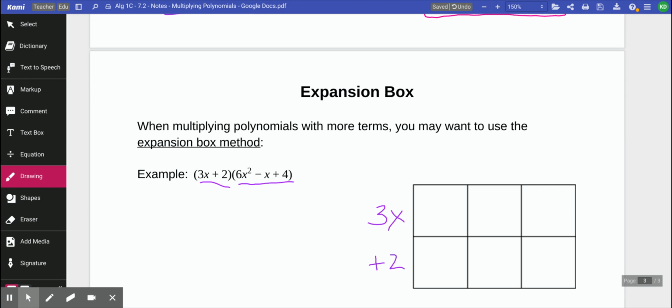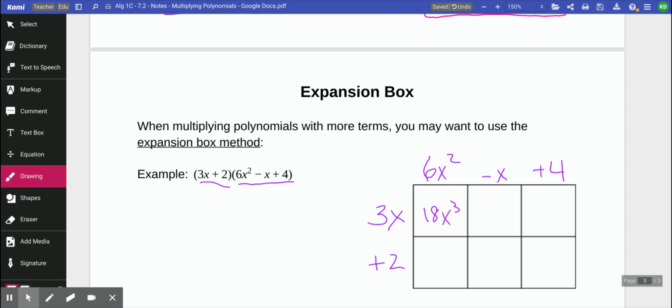And then our trinomial on the top, right? So that's 6x squared is our first term, minus x is our second term, plus 4 is our third term. So now we can just multiply to fill in these boxes. So 3 times 6 is 18. X times x squared is x to the third.